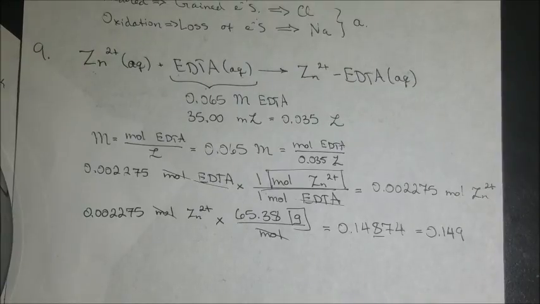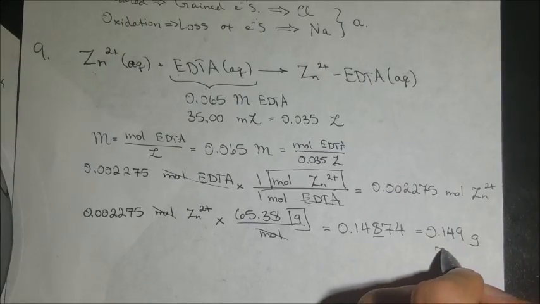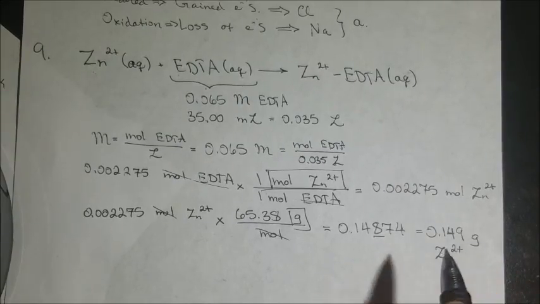Technically, we're only allowed 2 significant figures because the molarity I provided you with had 0.65, that has 2 significant figures, but the answers here rounded it to 3, so the answer then is 0.149 grams of zinc ion.